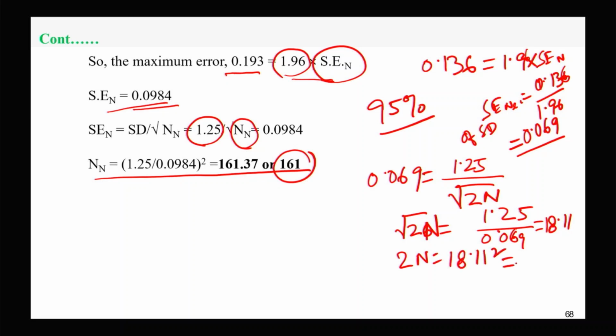So 2n will be 18.11 squared, which is 328.1. So n will be 164.05.